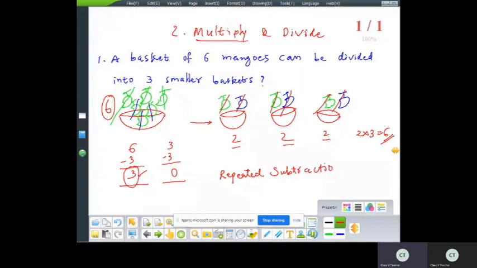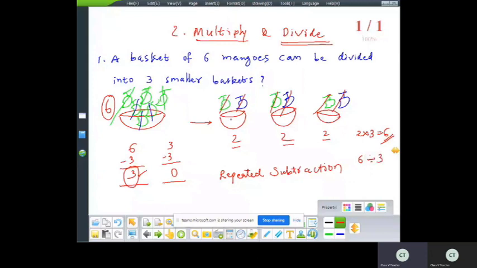Yes. Repeated subtraction is 3. 6 minus 3, 3. 3 minus 3, 0. Repeated subtraction is called divide. The meaning of division is repeated subtraction, or 6 divided by 3. Here we have 3 baskets.